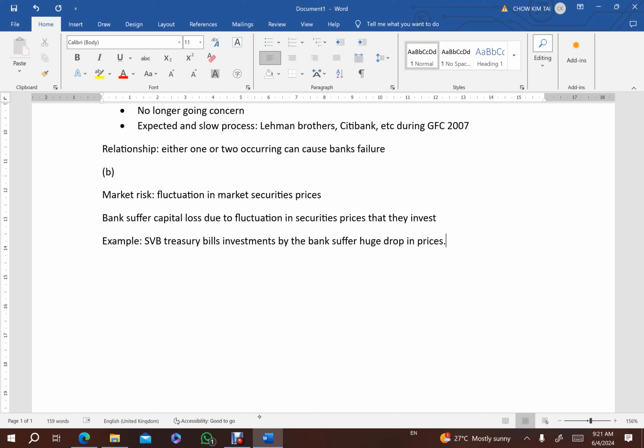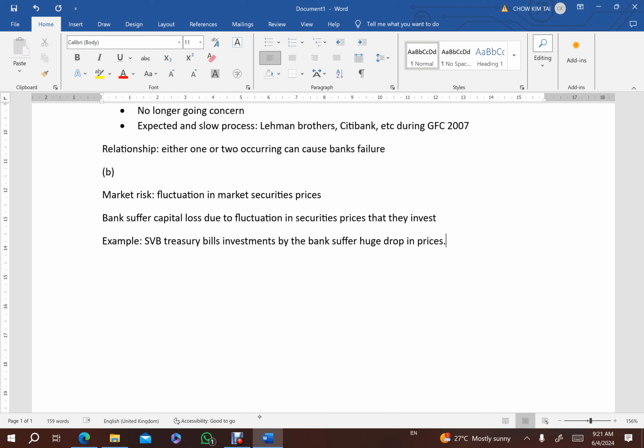So the bank used this money to buy treasury bills. In 2020, the interest rate was very low, so the bond price was high. Bond price and interest rate are inversely related. So the bank actually bought these treasury bills at a very high price.